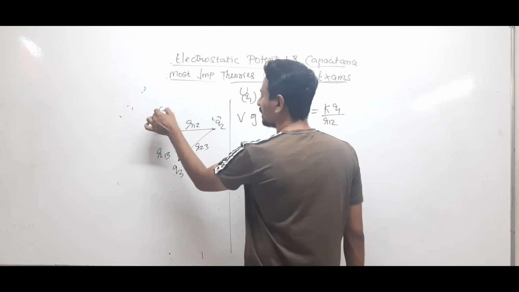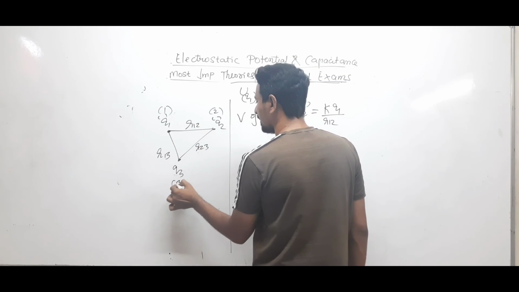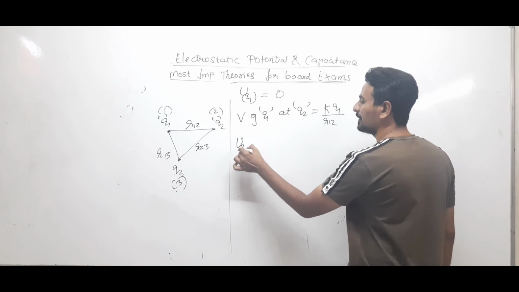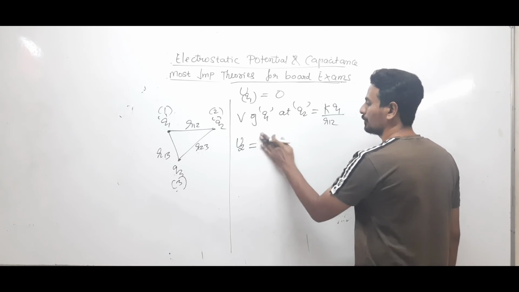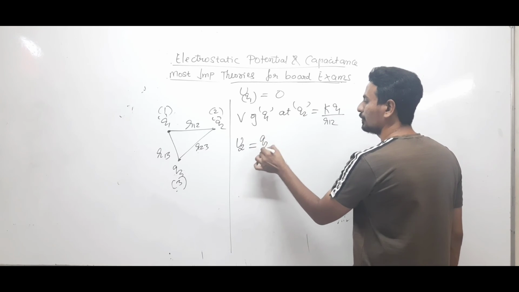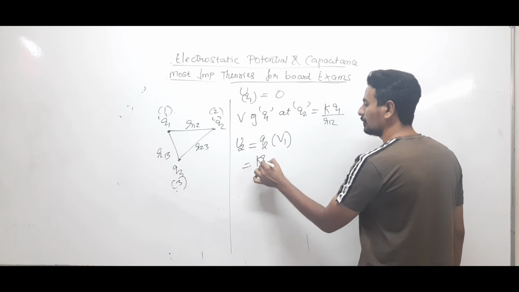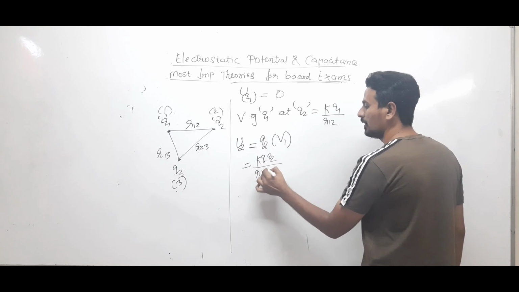Let us name them 1, 2 and 3. The potential energy of 2 will be q2 multiplied by the potential of 1, so that is k q1 q2 by r12.